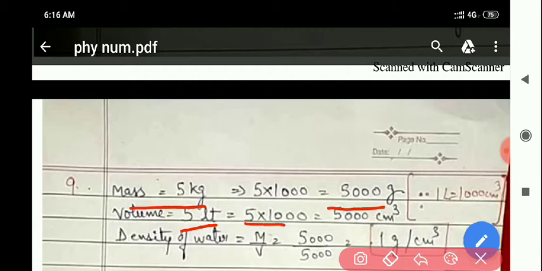Okay, so 5 into 1000, 5000 centimeter cube. And density of water, mass upon volume. Mass is 5000 gram. Volume is 5000 centimeter cube. And we will get the answer 1 gram per centimeter cube. Okay. Now, move to question number 10.